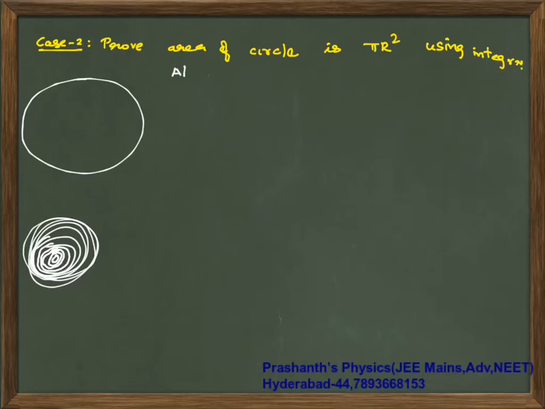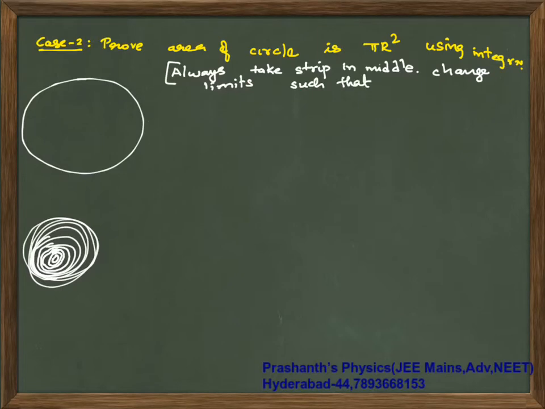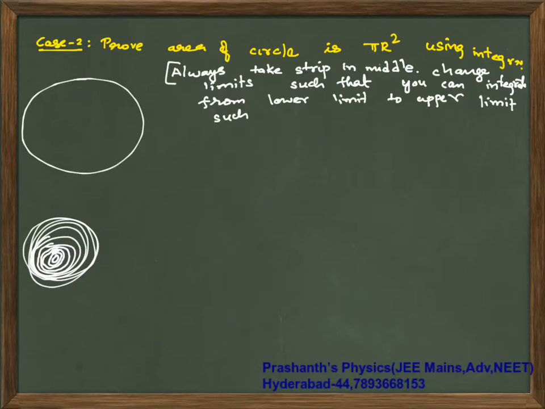Logic is simple: always take the strip in the middle, and change limits such that you can integrate from lower limit to upper limit, such that the entire body is covered.